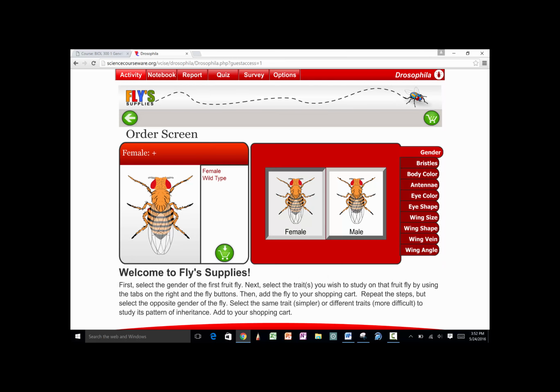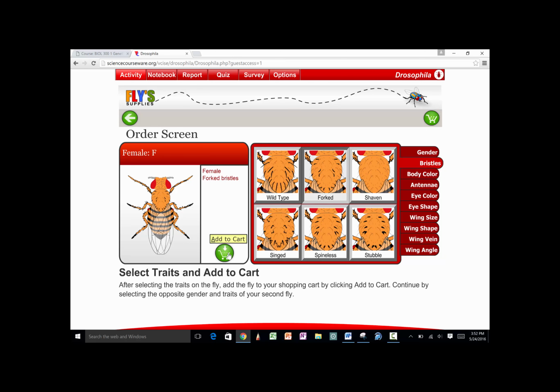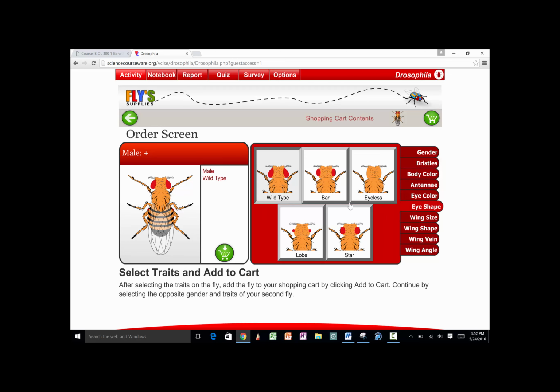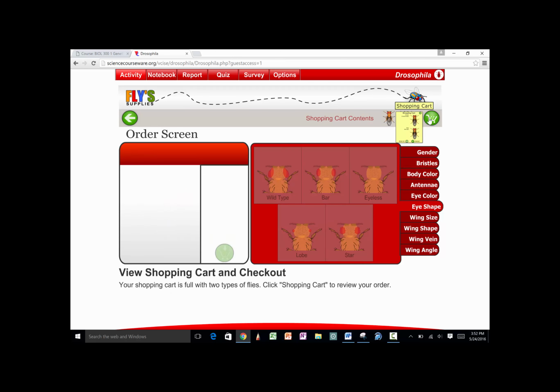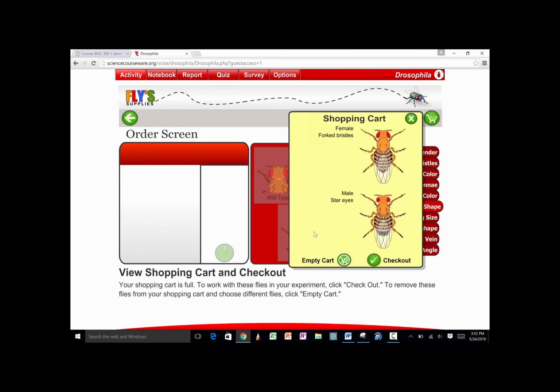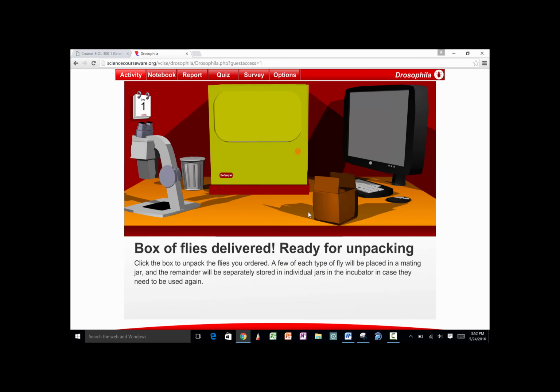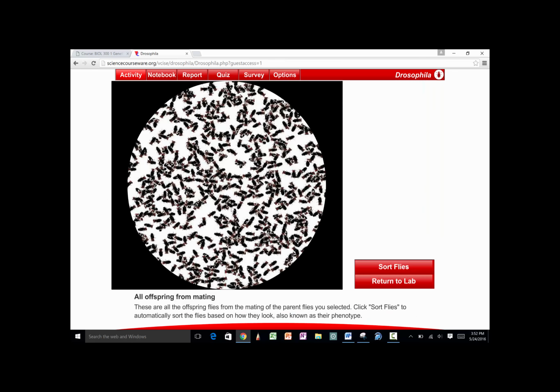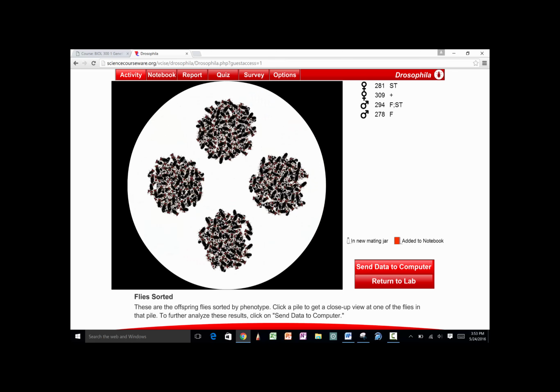Order the flies. Female. Let's make her forked. Male. Let's make him star. Forked female. Star male. Check out. Let's make sure we use a star female.